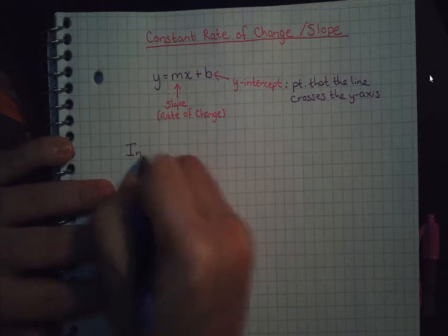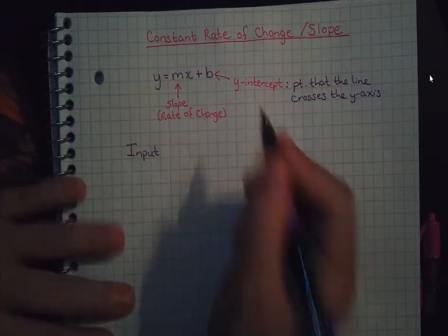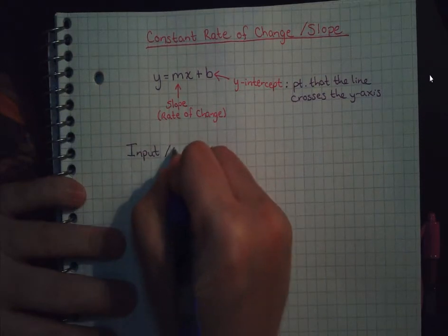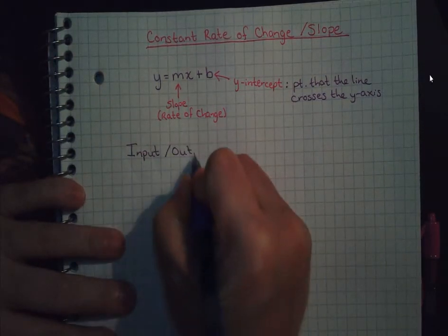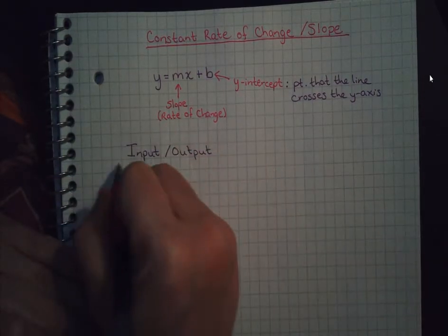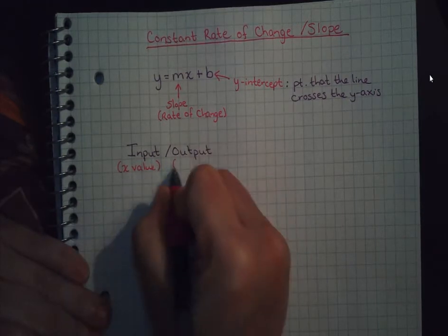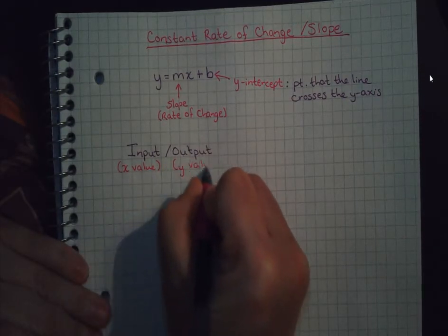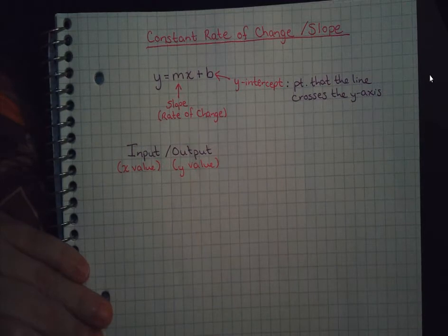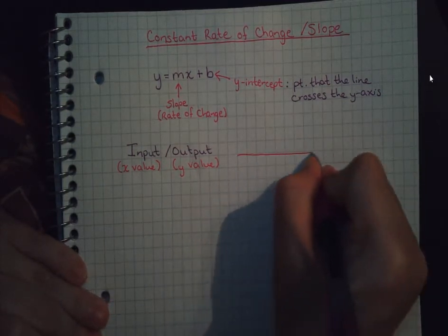We talked about these terms before Christmas. They're also known as your independent and dependent, your X and your Y. So remember, your input is always your X value, and then the output is always your Y value. So if we have a table, we've done this several times.